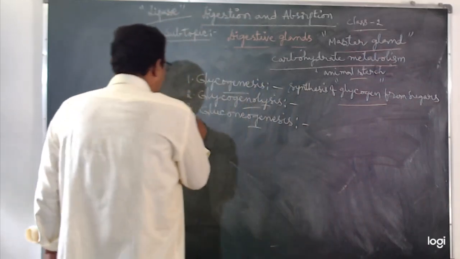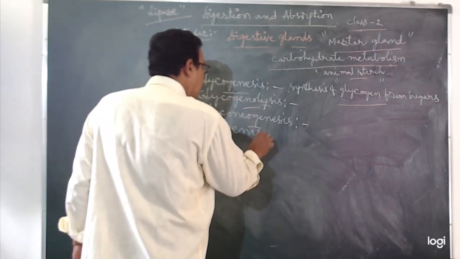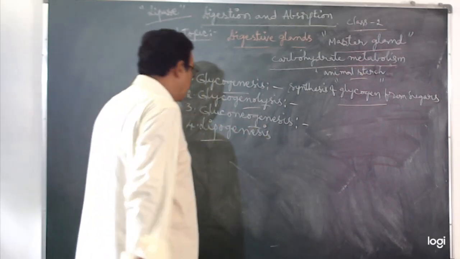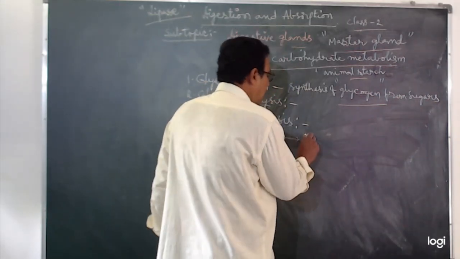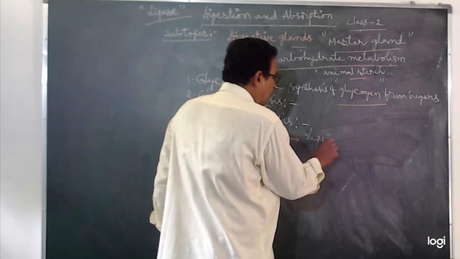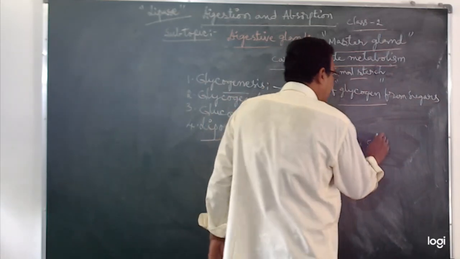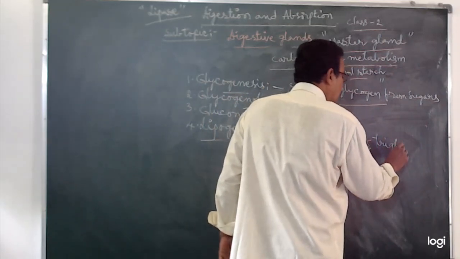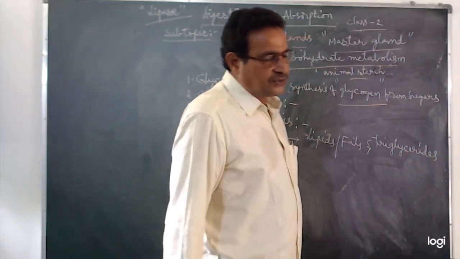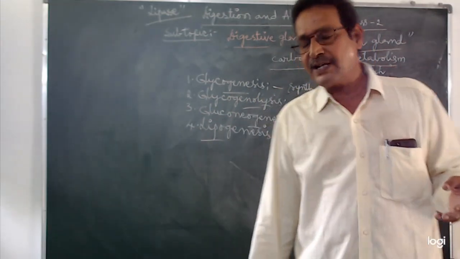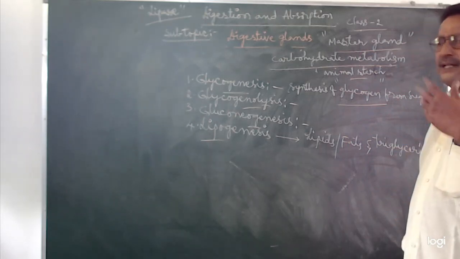Next, lipogenesis. Lipogenesis is the process by which lipids, fats and triglycerides are formed, the synthesis of lipids or fats and triglycerides from glucose and other substances.